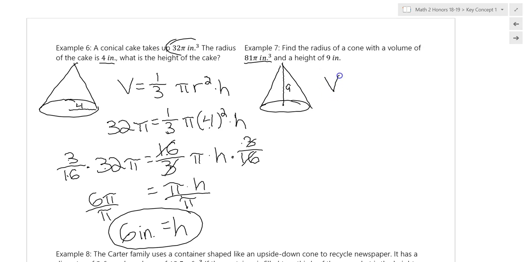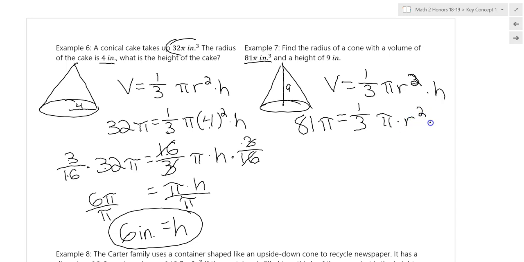So, volume equals 1/3 pi r squared times height. So my volume is 81 pi equals 1/3 pi times, I don't know my radius, that's my variable. I do know my height.